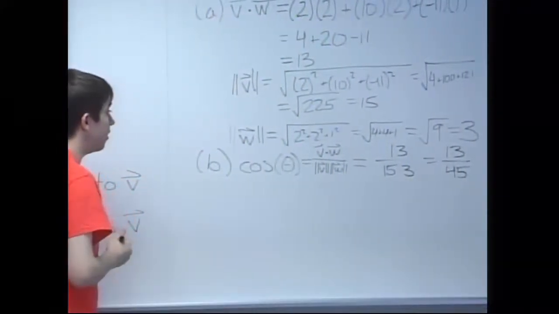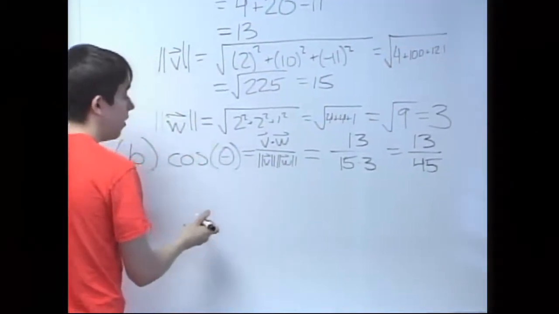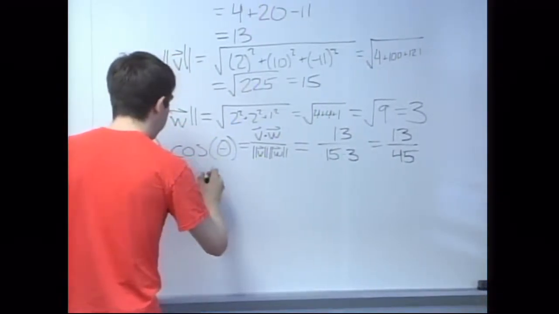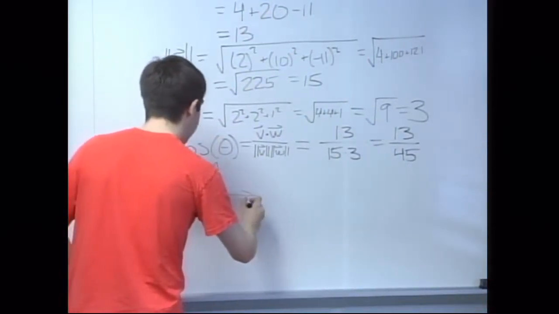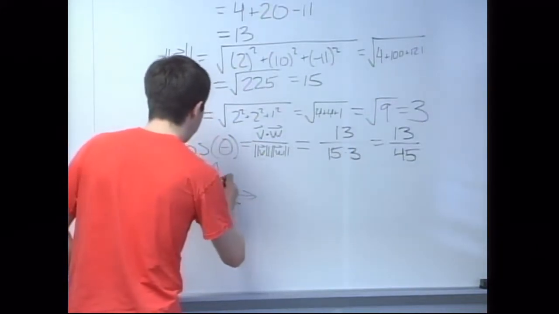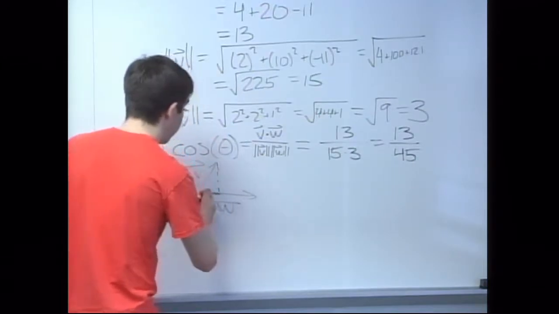Next, we're going to want to find the component of w onto v. I'm just going to draw a little illustration. If this is vector v and this is vector w, we want to find this length right here.